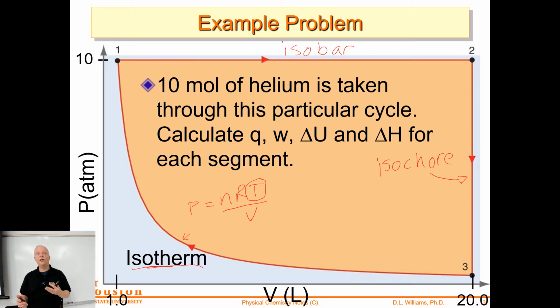Now, how do I know which is which, compression or expansion? You've got to know the direction, because you've got to know V initial, V final, right? And so this right here is the arrow. You can see the arrow there. And so that means it's compression.